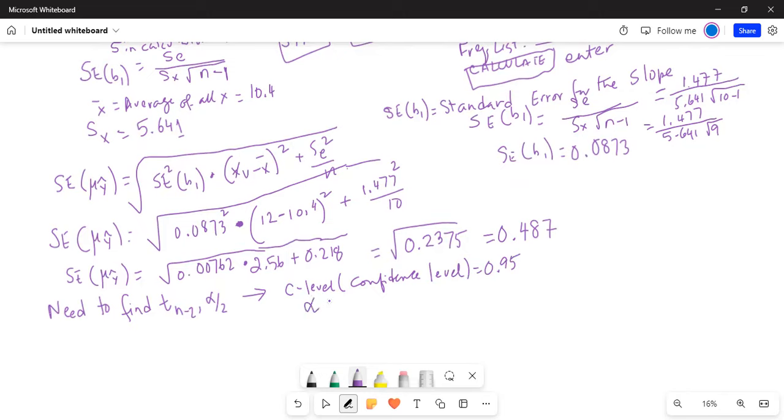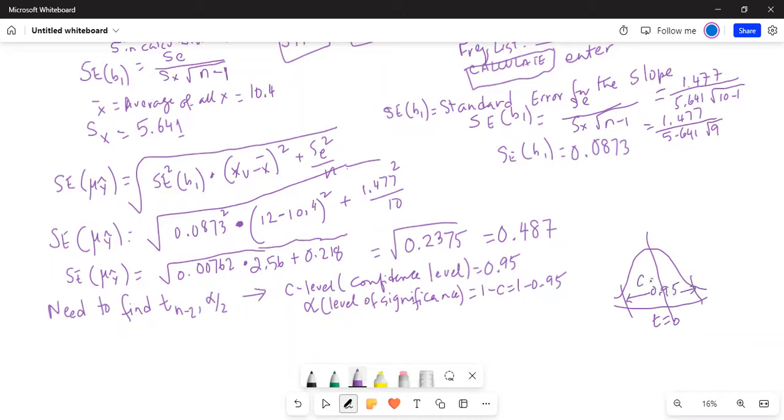Alpha, the level of significance, is equal to 1 minus C, which is 1 minus 0.95. So if I draw the T chart, at the center T is equal to 0 and the 95% confidence interval is in the center. This is your 0.95 area, this is your C equal to 0.95. So what is left?